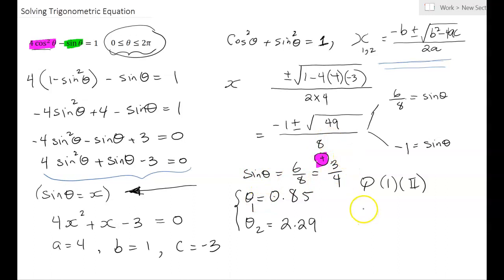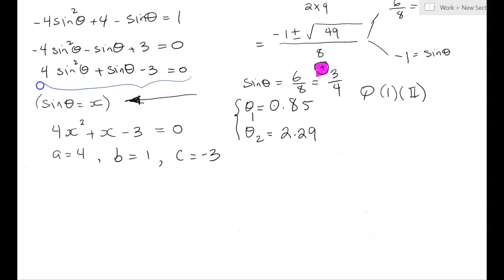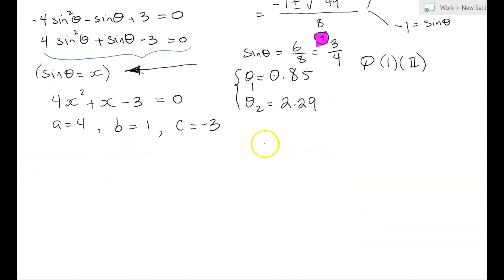The last one that you have to do is for sine of theta equal to -1, and that's just straightforward. That's just one angle for that one, and that answer will be basically 4.71, because the angle ends up being in the third quadrant.